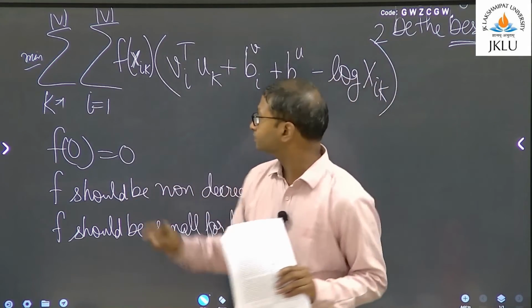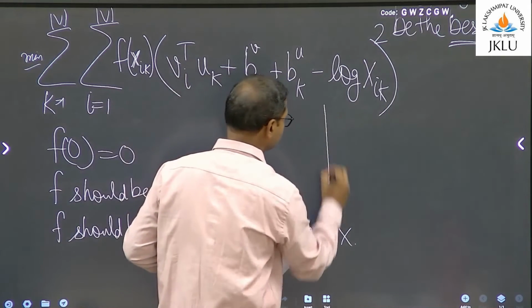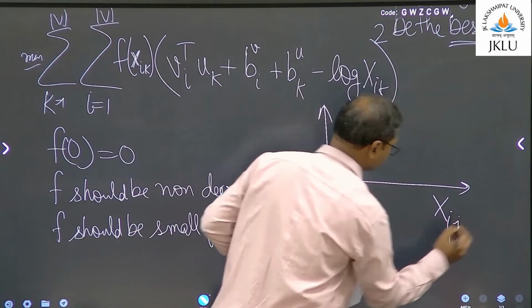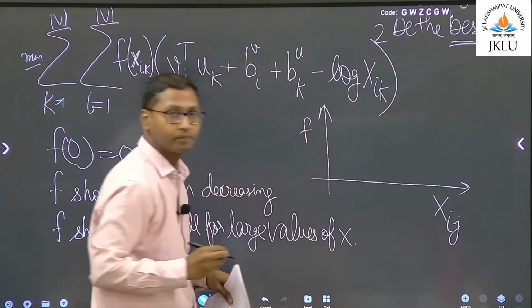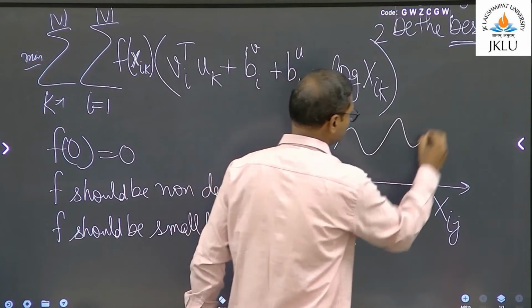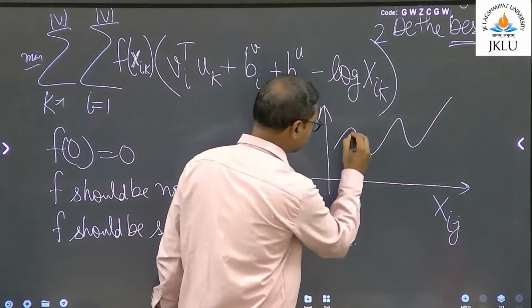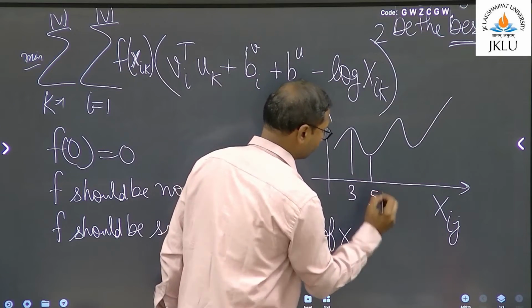Why? f takes input as xij. So if this is your xij, and this is your f, what will happen if it is, let's say, something like this? Let's say xij is 3, or xij is 5.